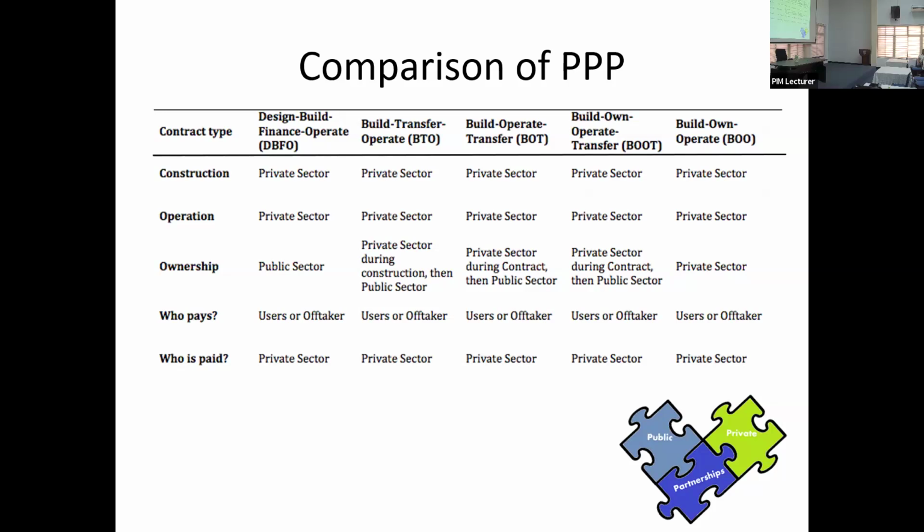But if you take DBFO, for example, you build it, you operate it, but I own it. I can kick you out anytime. I'm the owner. So there is a risk element. And so on, right? So each model has its own pluses and minuses. You need to be aware of the risk factor when you are dealing with these type of tenders.